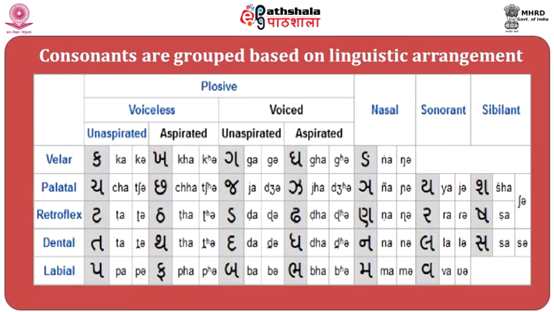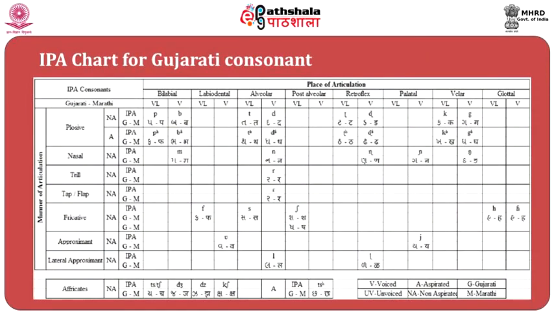For reference, you can see the next table, which is the IPA chart for Gujarati consonants. Here we can see the IPA consonants in the first column, then the place of articulation, which are basically bilabial, labiodental, alveolar, post-alveolar, retroflex, palatal, velar, and glottal.